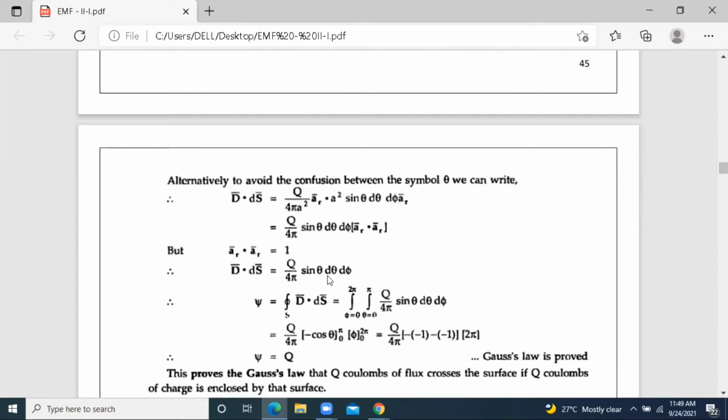This is your D dot ds, and this is your surface area of your sphere.